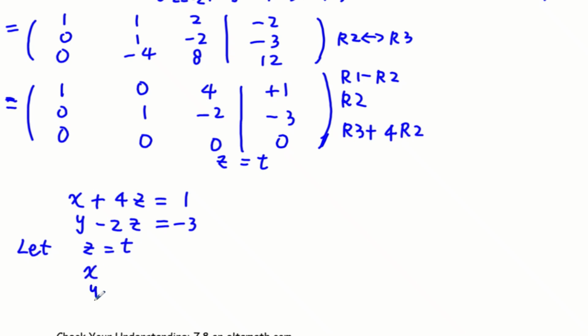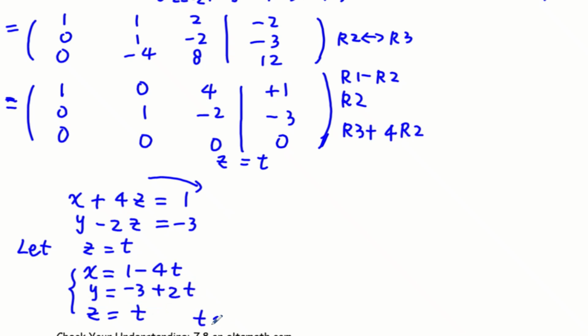The component vector is kind of like the parametric equation. So x equals 1 minus 4t, y equals negative 3 plus 2t, z equals t. So t belongs to all real numbers. We know this is a line, the equation of the line in parametric form.